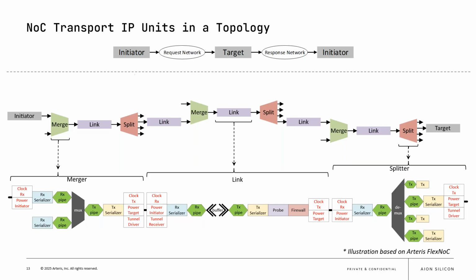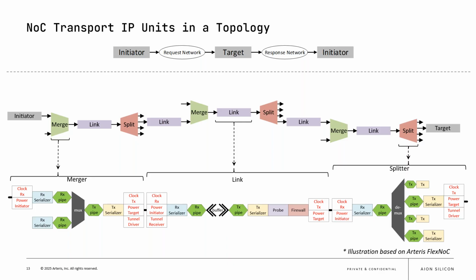And how do all of these IP units come together to form a topology? The top diagram is showing a high-level view of a network, starting from an initiator bridge, going to a target bridge. The forward path from initiator to target is called the request network.